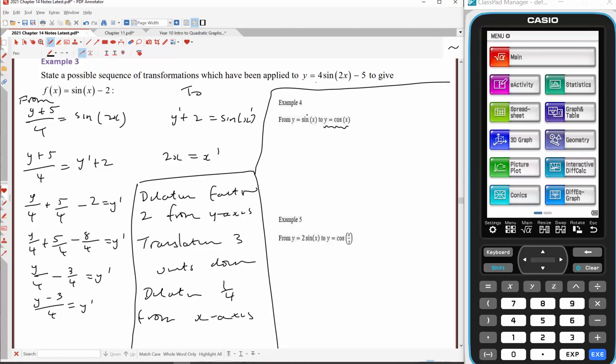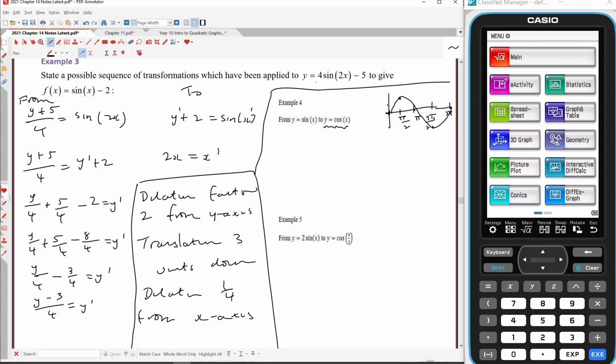Well, what we need to note is that sine of x looks like this. So we're at pi on 2, pi, 3 pi on 2, and 2 pi over here. So it'll go bang, bang, bang, bang, bang, like that.